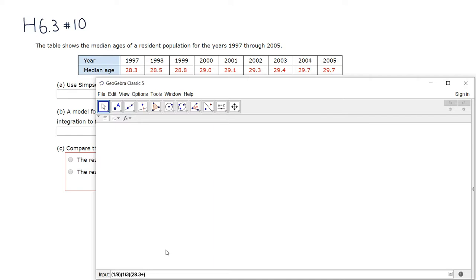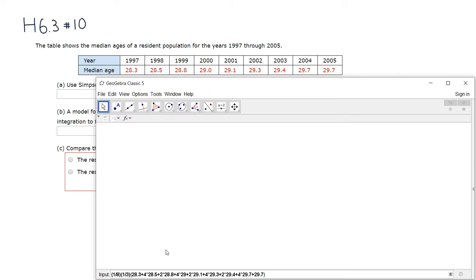So we have 28.3 plus 4 times 28.5 plus 2 times 28.8 plus 4 times 29 plus 2 times 29.1 plus 4 times 29.3 plus 2 times 29.4 plus 4 times 29.7 plus 29.7.